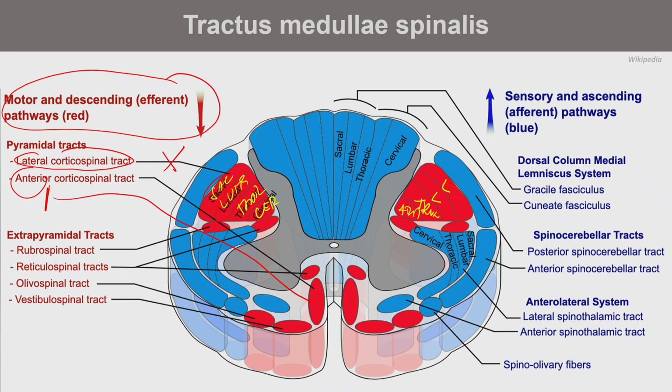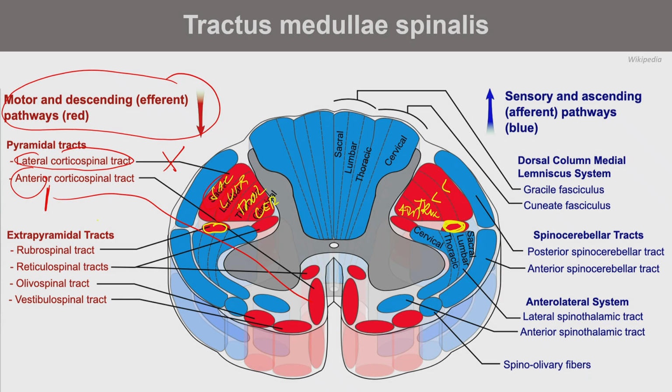Then we have the rubrospinal tract. The rubrospinal tract is localized anterolaterally from the corticospinal tract, and it stimulates neurons for those automatic motions.